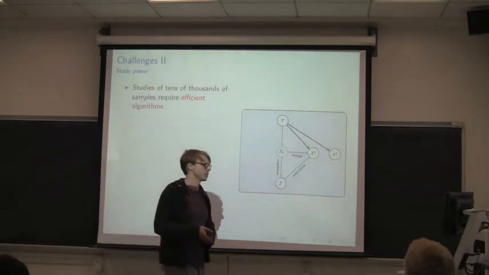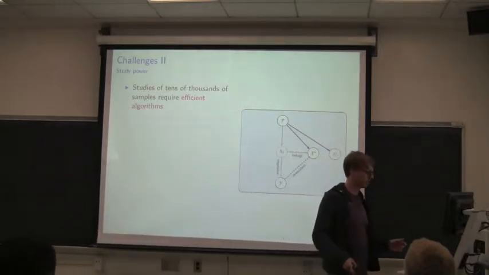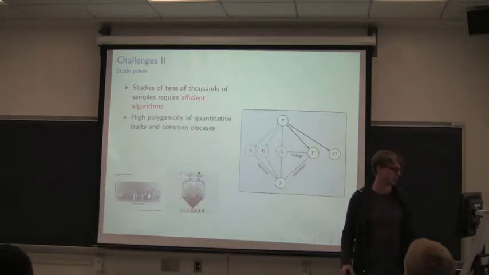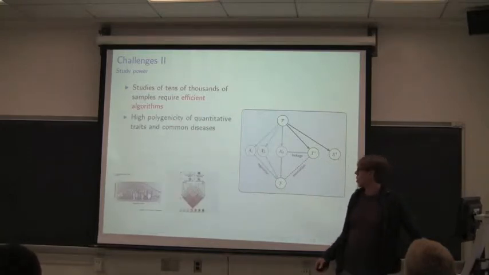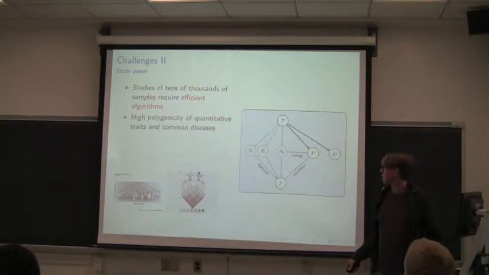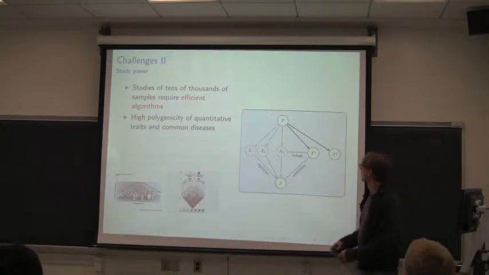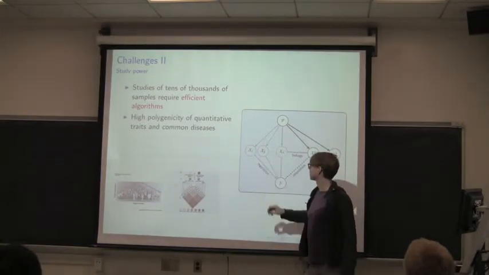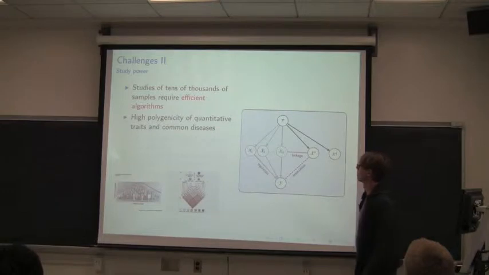And the problem with this is we need efficient algorithms. We need models that can deal with complex diseases, where actually we don't have just a single causal variant in reality, but many of them. So we think about how we can find models to better model them.